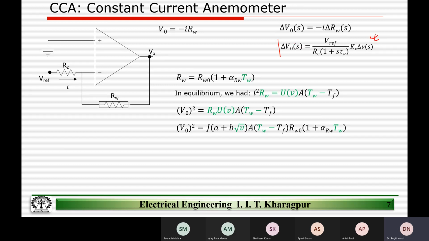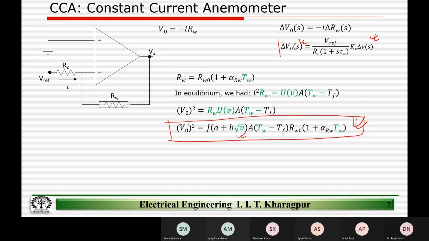Whereas this equation is not just small signal, but relates the absolute value of the output voltage to the absolute value of the fluid velocity.